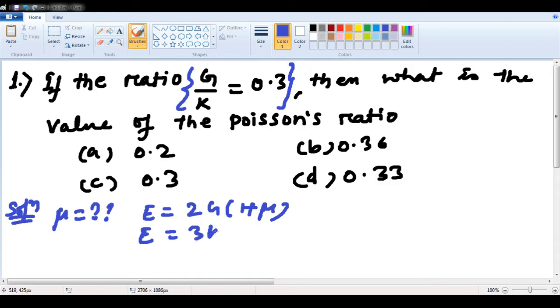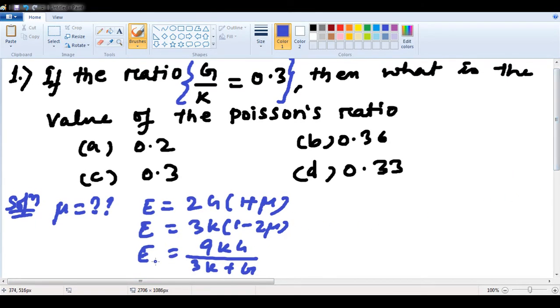E is equal to 3K(1 minus 2 mu). One more, E is equal to 9KG by (3K plus G), where E is Young's modulus, G is modulus of rigidity, and K is bulk modulus. Correct? Now I'll use these two equations, this and this. Let me not use this as of now.